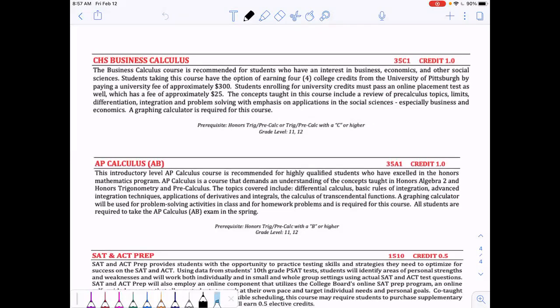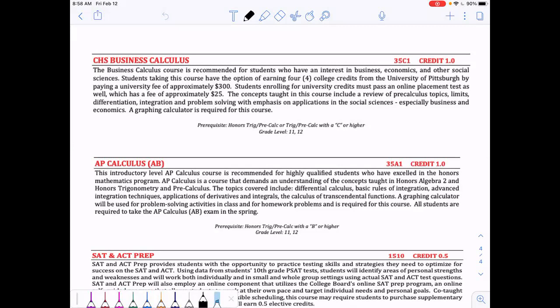I know there's a lot to read up on the screen. There's a rule of thumb that you're not supposed to put a lot on a slide, but I was pulling from the course scheduling book. It's not thick anymore, but it has like 70 different slides that you can scroll through. All of the courses are in that big course selection book, which is no longer a book because it's just a file now that you can look at online.